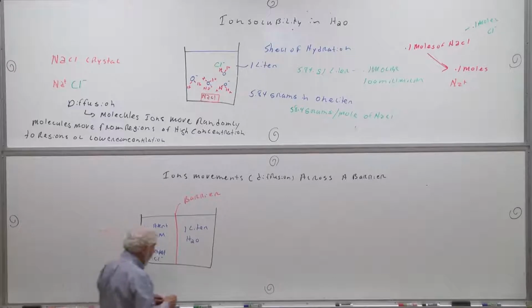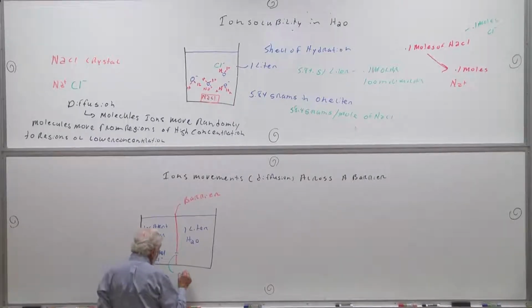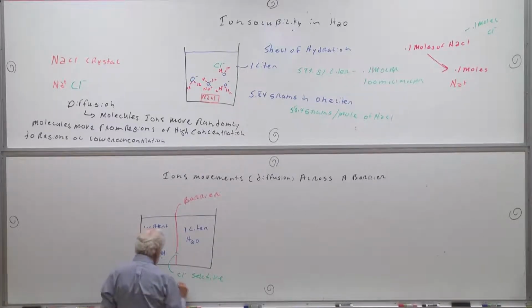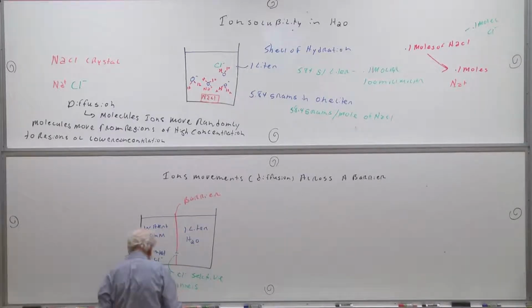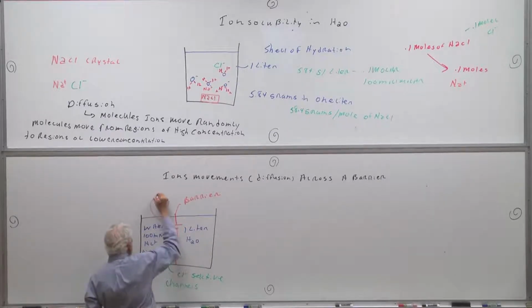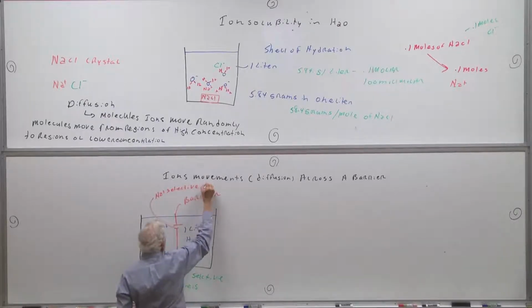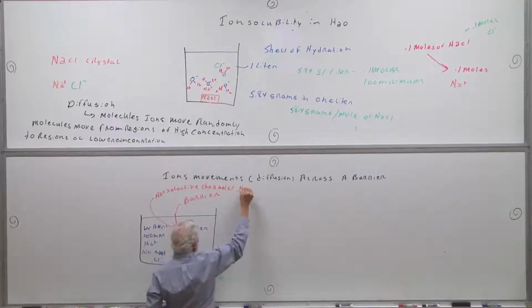But let's say now that we can put selective holes in this wall, so that we can put chloride selective channels or holes, and we can put sodium selective channels or holes.